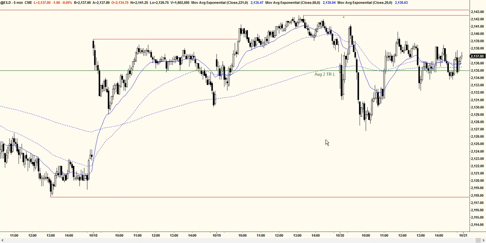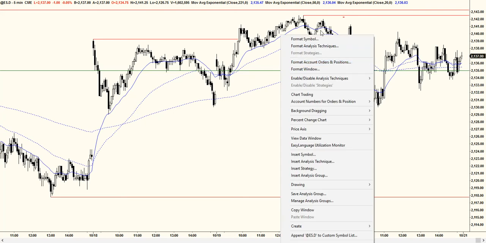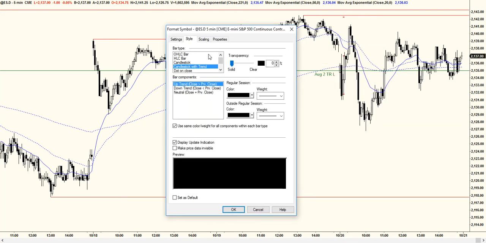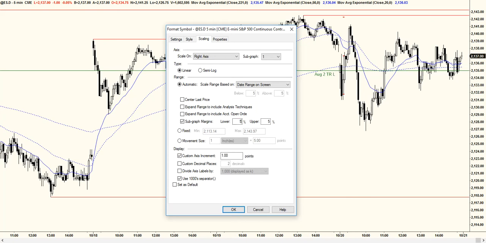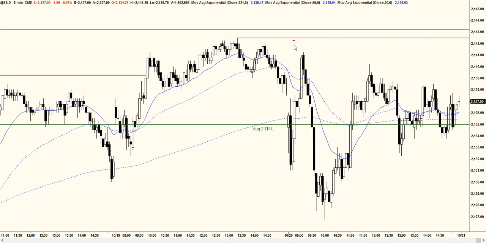When I take trades, for the most part, this is the chart. This is about exactly what my chart looks like. I don't like a lot of things on it.